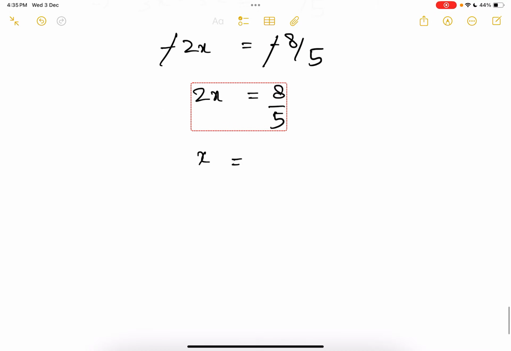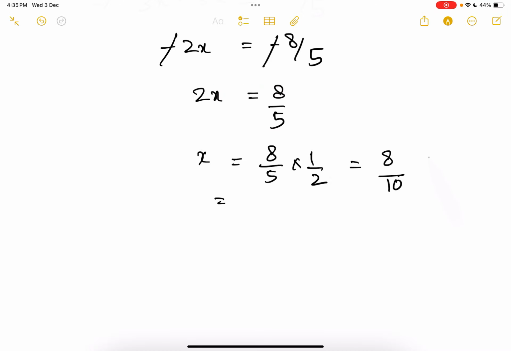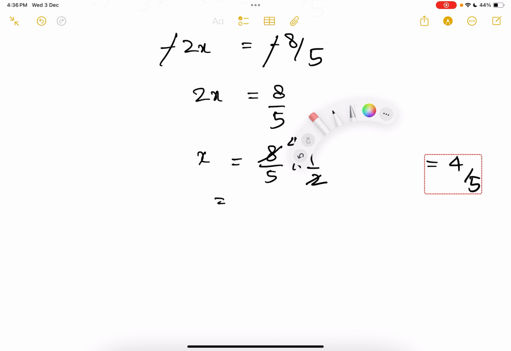And if I divide 8 by 5 by 2, a 2 will come here, my 1 by 2 will come. So it is 8 by 10. You can even cancel this out. It will be 4 by 5. So that will be the final answer. It will be 4 by 5.